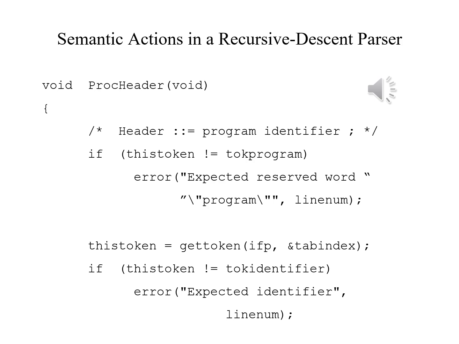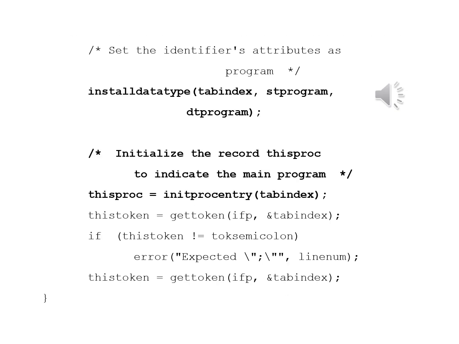Inserting semantic actions in a recursive descent parser is actually fairly straightforward. Here you can see the beginning of the procedure that we wrote to process or parse the header for the program. Now we're ready to install the data type for the identifier that serves as the program's name.